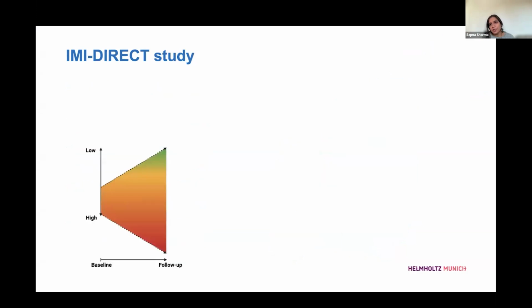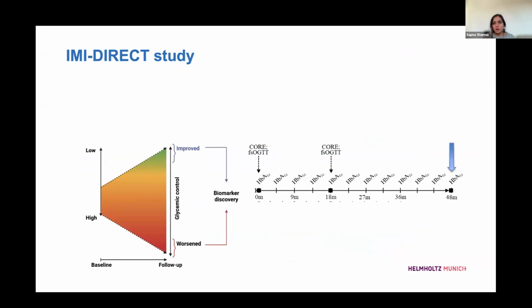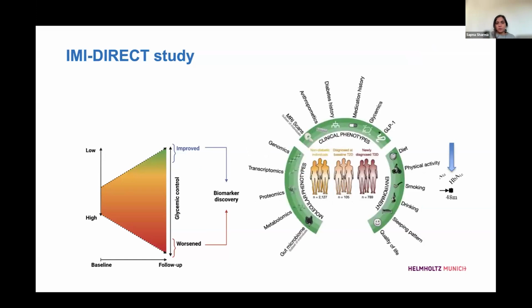The idea was that if we measure the HbA1c of these participants over a long duration, we would like to learn from the progression of HbA1c, which is glycemic deterioration, how metabolites change, and which metabolites, as early as possible, play roles in this deterioration. This is also a deeply phenotyped consortium where we have a lot of molecular, clinical and environmental information.